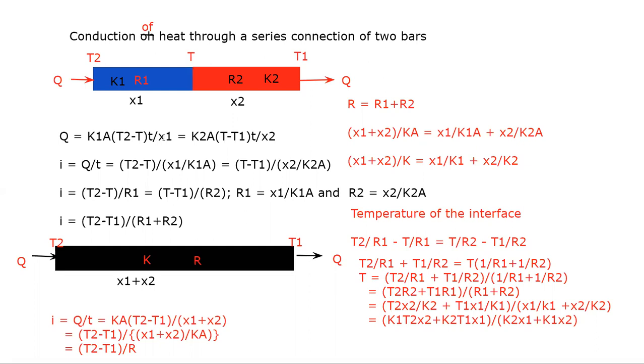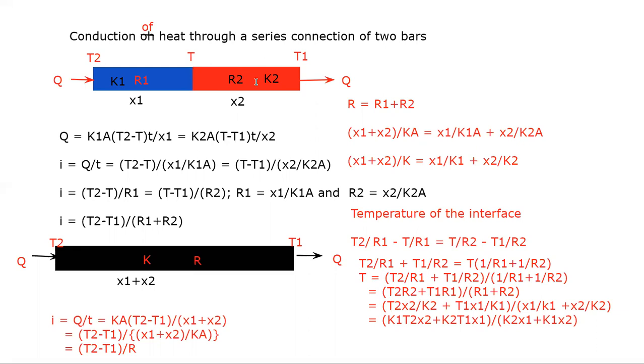This is also the same for the second bar, through which the same amount of heat flows, which is equal to K2A into (T minus T1) into small t, divided by x2, the length of the bar.